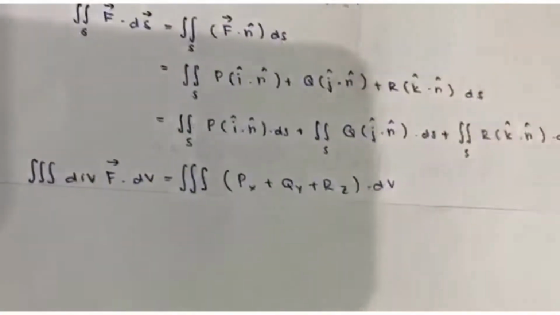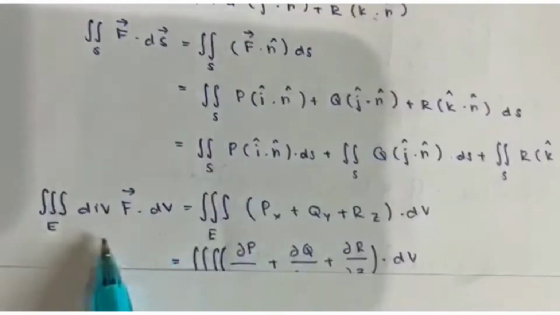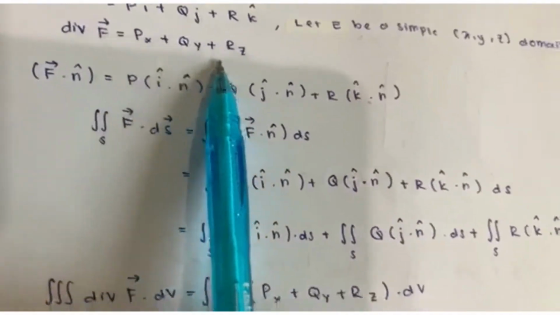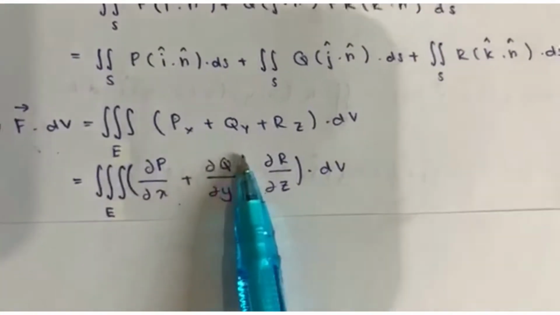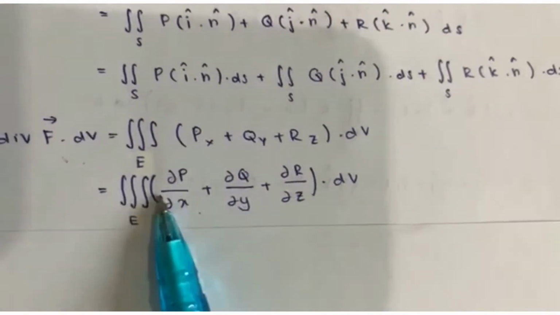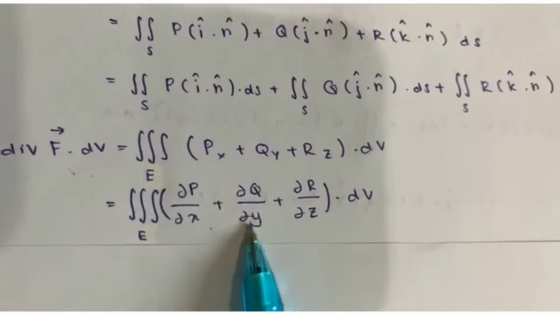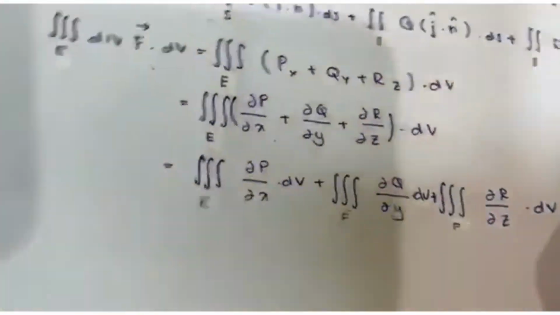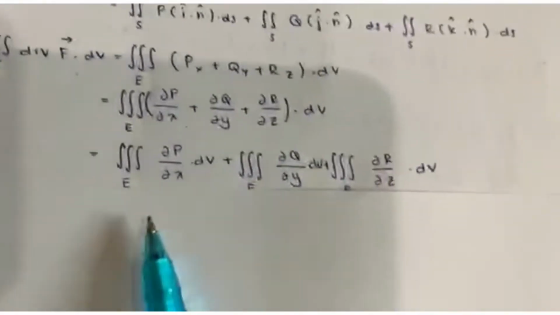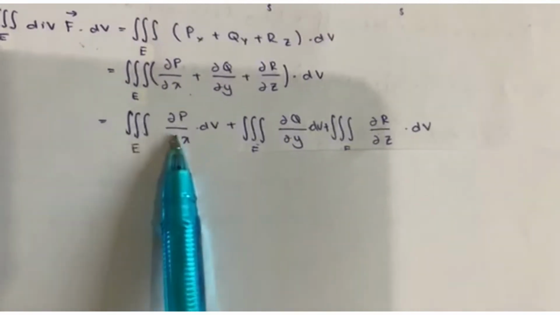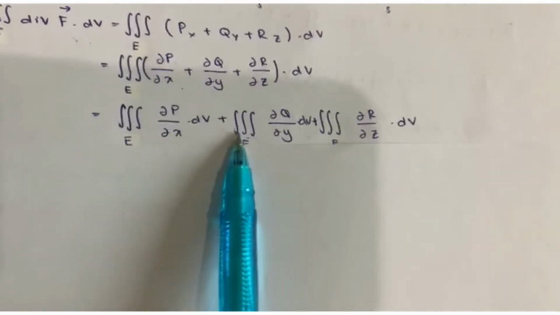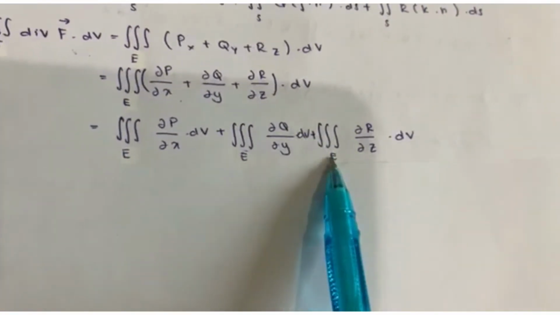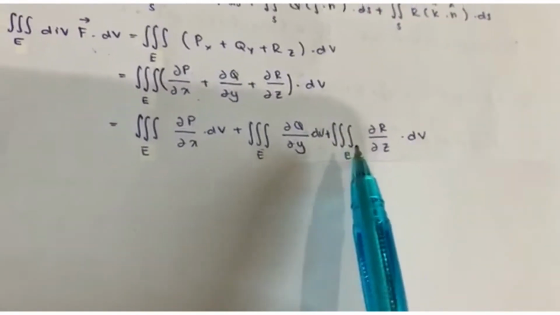For the second equation, we substitute our div F, which is P_x plus Q_y plus R_z, where these are the partial derivatives del P over del x plus del q over del y, and so on. Expanding, we get the triple integral over E of del P over del x dV plus the triple integral over E of del Q over del y dV plus the triple integral over E of del R over del z dV.